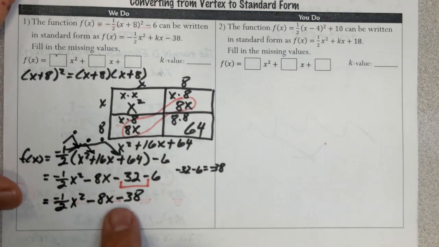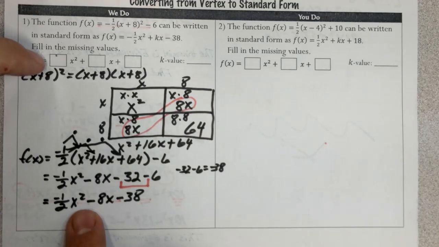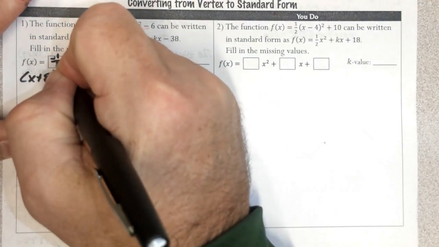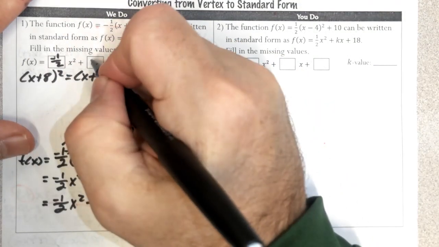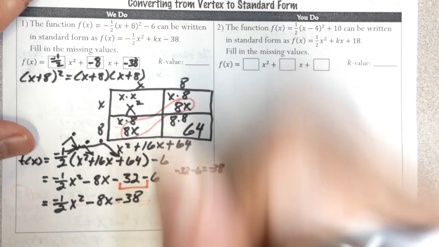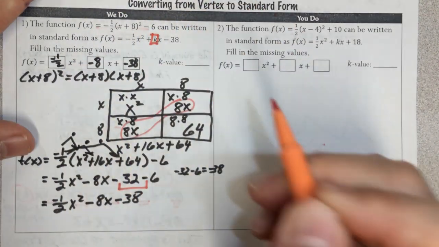Okay. So in standard form, here it is. So now I can fill in these missing boxes. This first one will be negative 1 over 2. And then I'll put negative 8. And then negative 38. And then notice they want the k value, which is in front of the x.